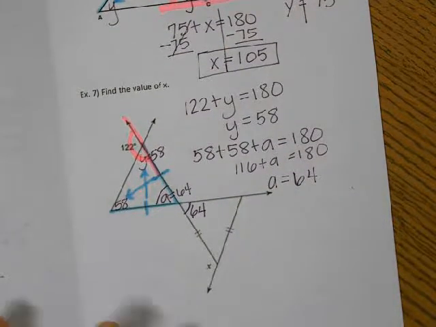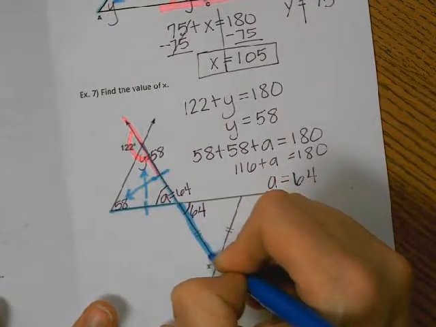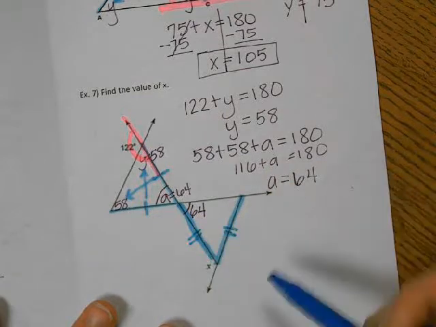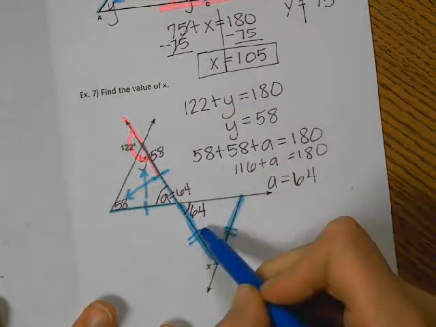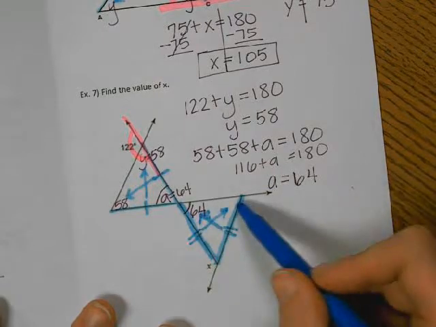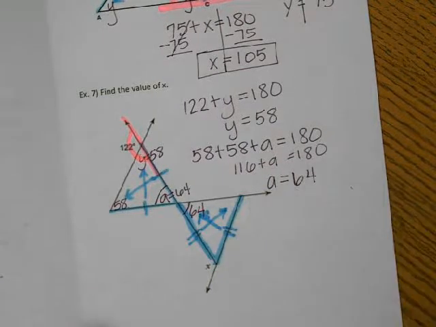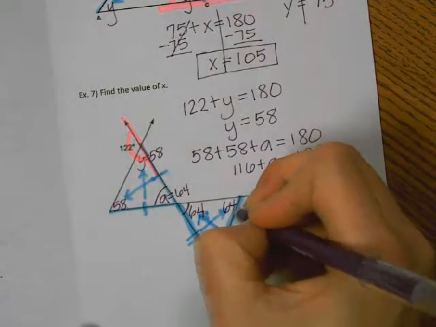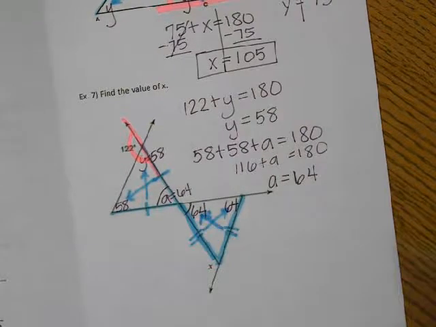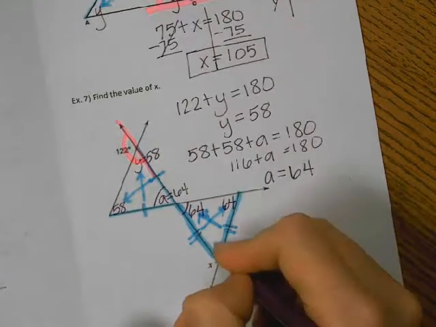And then, notice how I have another set of isosceles triangles, or sides. See? Now I know that these two sides are congruent because they have two tally marks. So that means that this angle and this angle are congruent. Right? Those are my base angles. So this angle over here is also 64. Make sense? Okay, last one we have to find.